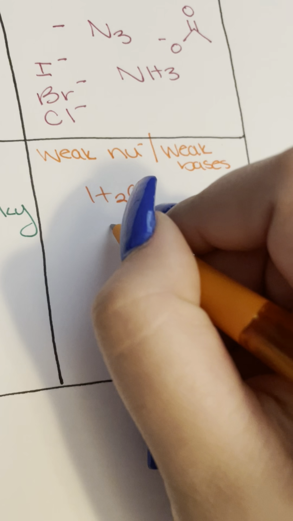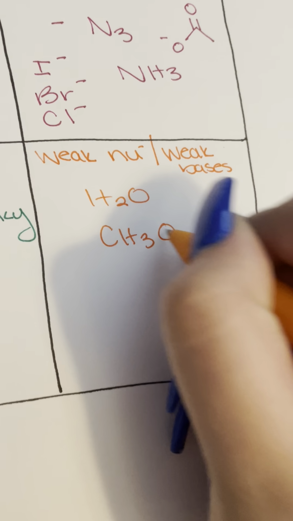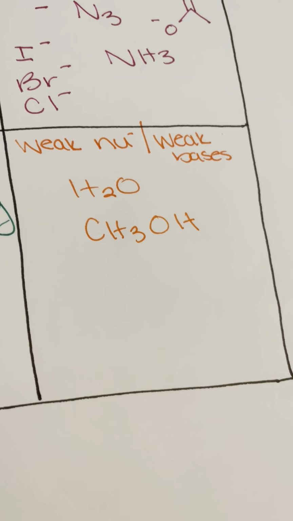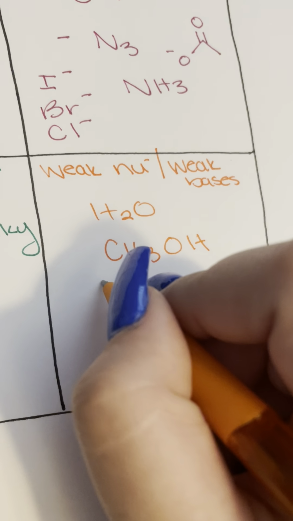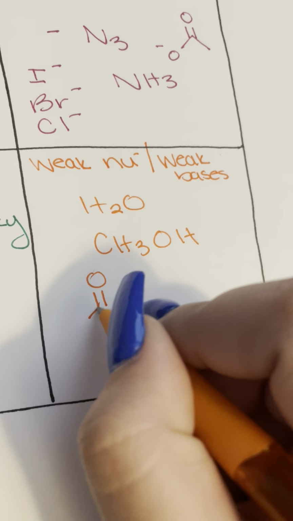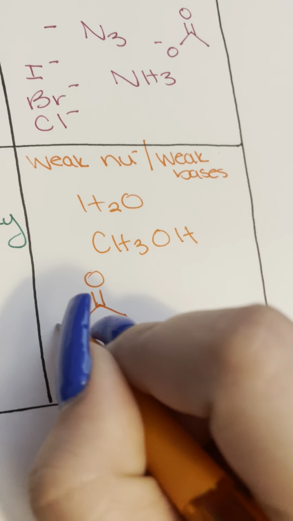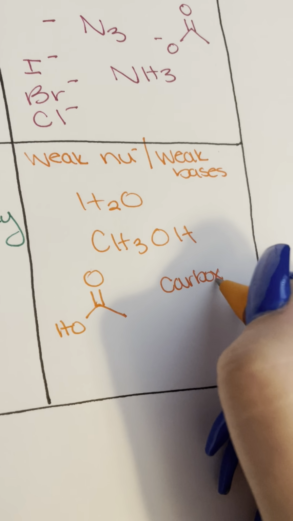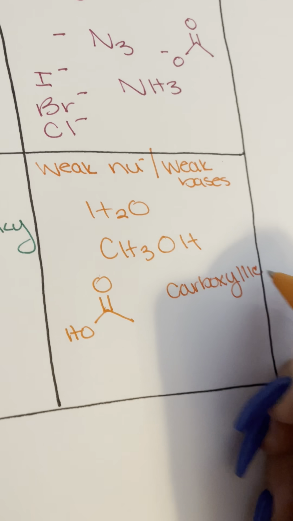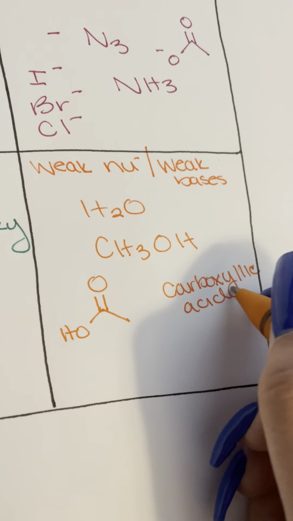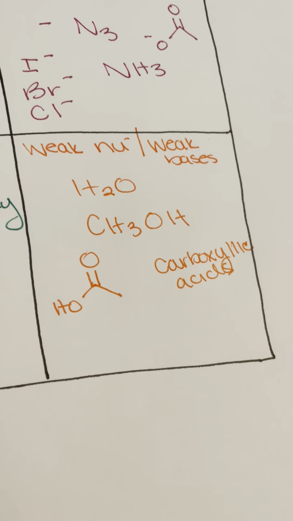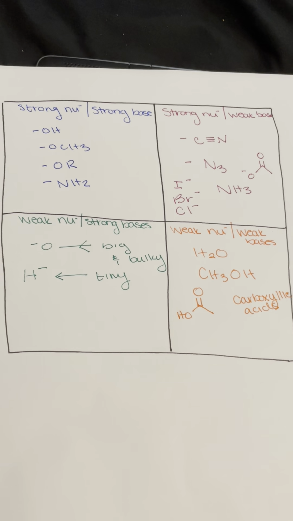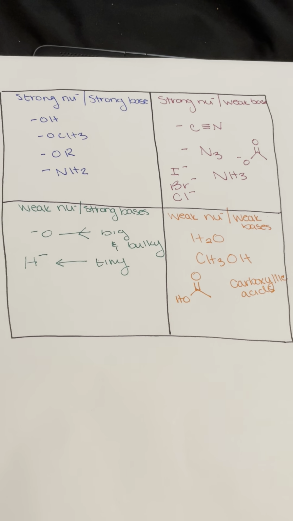Another example might be CH3 attached to OH, as well as carboxylic acids. And this is the useful chart that we will be using later on.